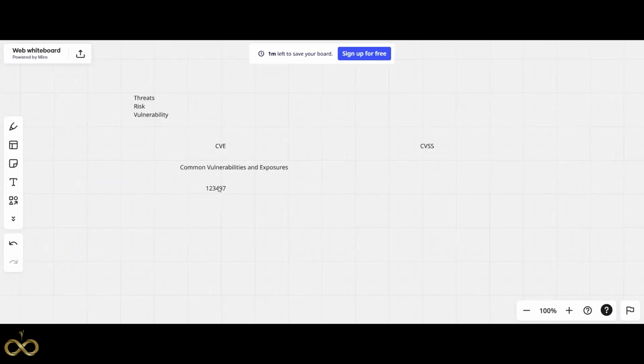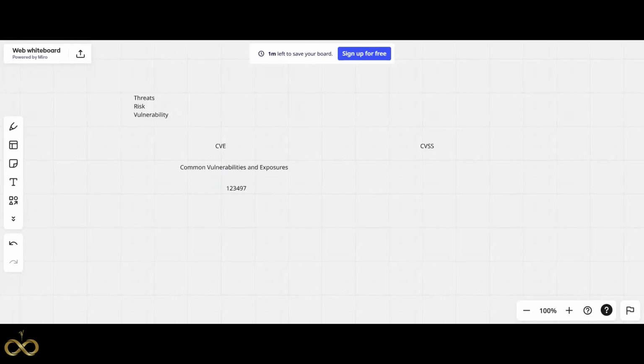So no matter where he is right now in the world, is he in Russia, India, Nepal, US, anywhere, this passport number uniquely identifies Aga. Similarly, CVE is a number which is uniquely identifying that publicly known security vulnerability.